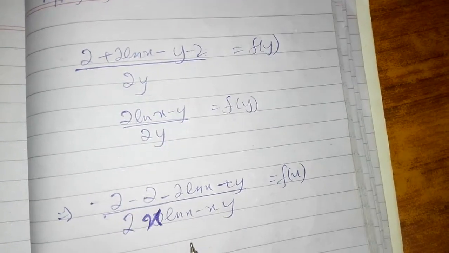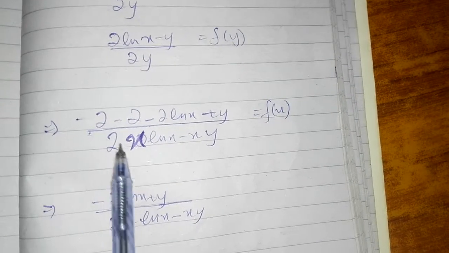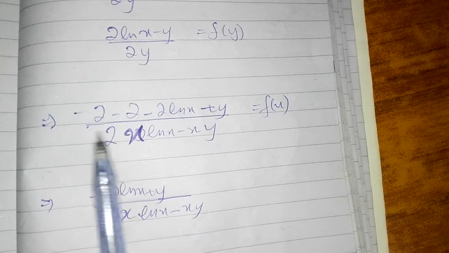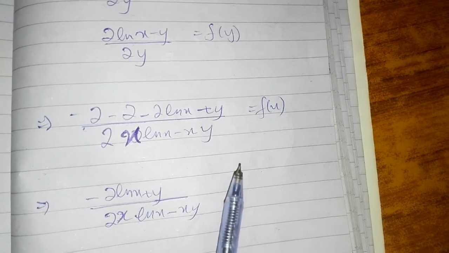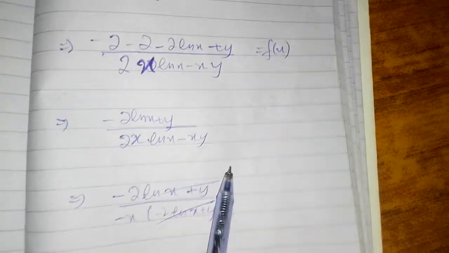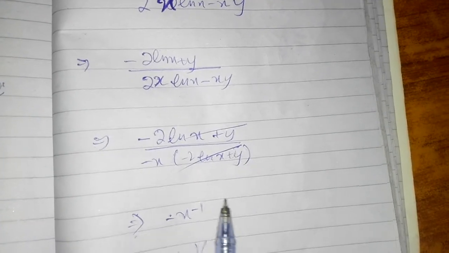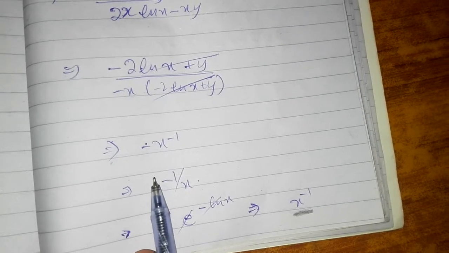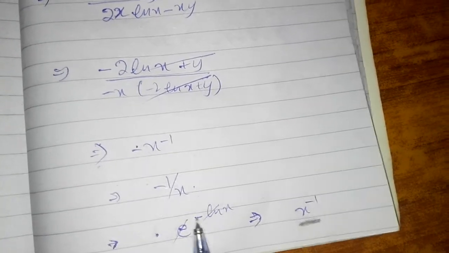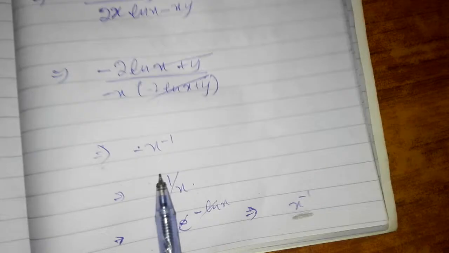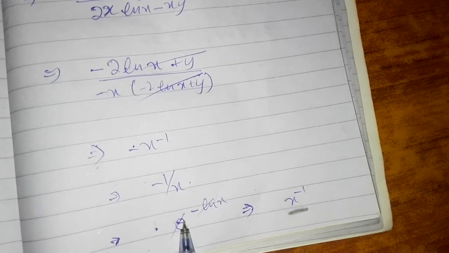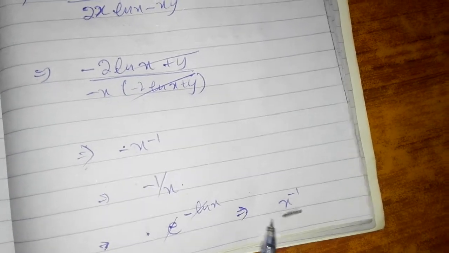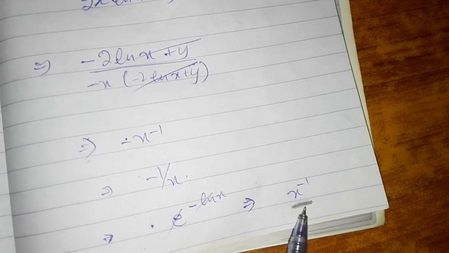So we will switch to rule 2: (−2 − 2 ln x + y)/(2x ln x − xy) is equal to f(x). After simplifying we get −1/x. This −1/x would be integrated, giving e to the power −ln x. So the final integrating factor would be x to the power −1.